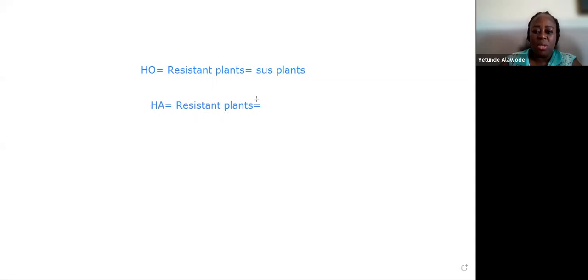Okay, it means not equal to. That's what it means. When you do your equal like that, then it means not equal to. It is not equal to susceptible plants. That's what your hypothesis will look like.